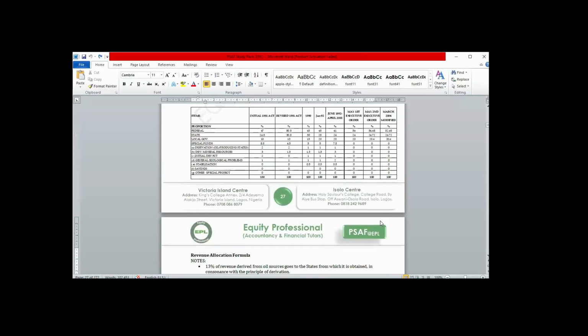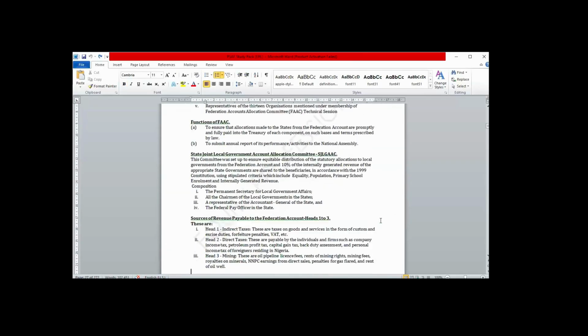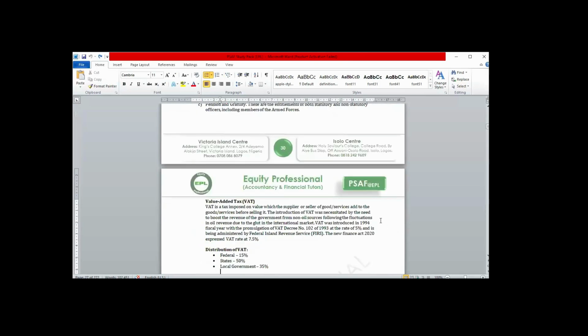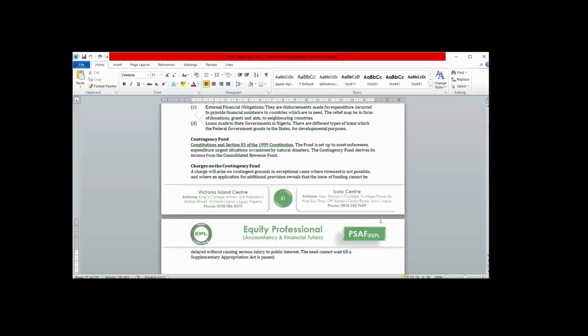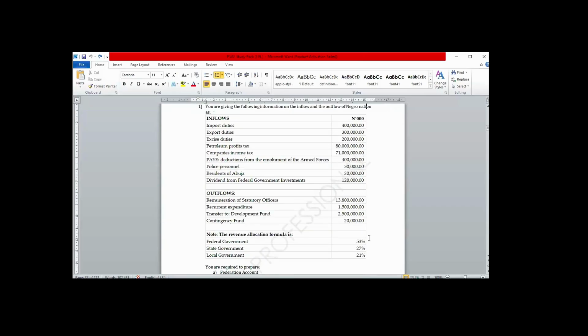But because I used it there to do the computation of that question, the Excel rounded it up, and as a result of that we're having 53. If you add all the allocations together, this ends up being higher than necessary. That's why I'm saying we need to do the adjustment. This one is 52.68, this one is 26.77, and this one is 20.6. Do you understand? A total of everything will be 100.